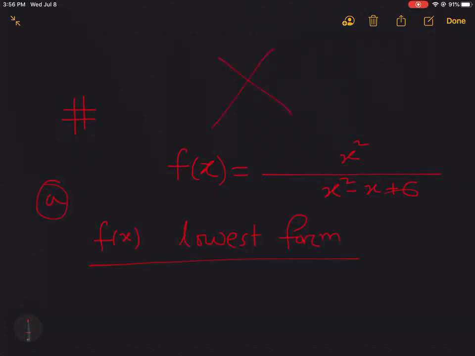So we are looking for the sum of -1 and the product of positive 6, obviously. Can you see anything which will give you a negative sum of -1 and product of positive 6?